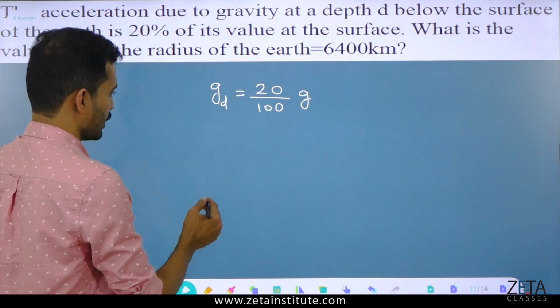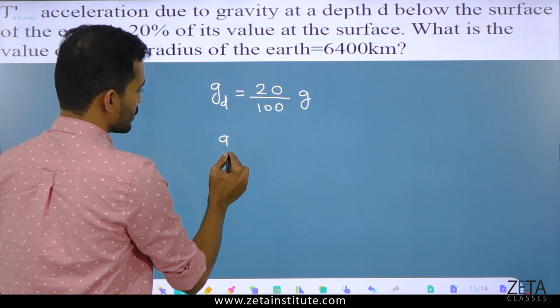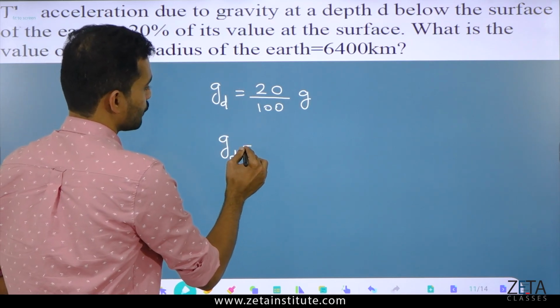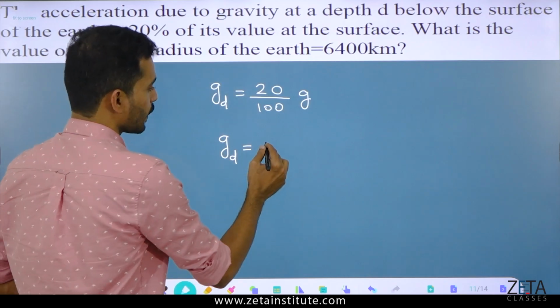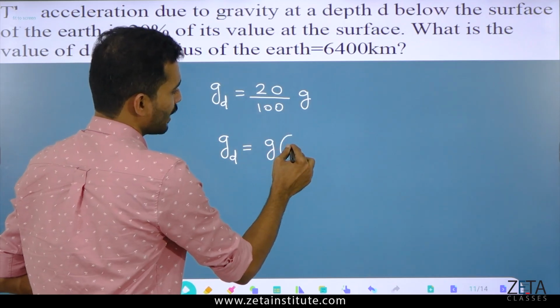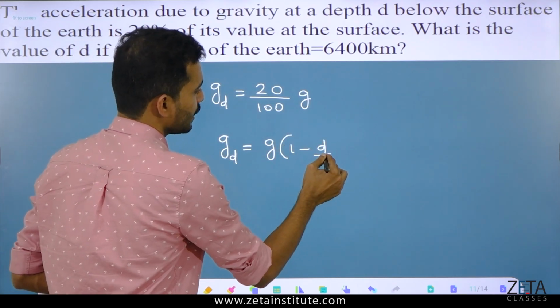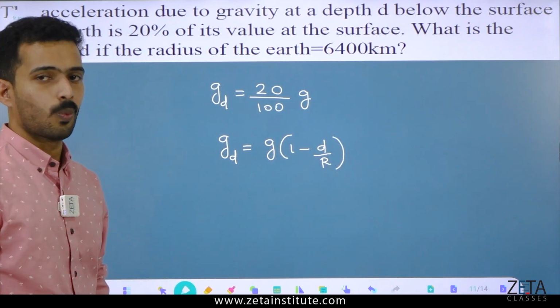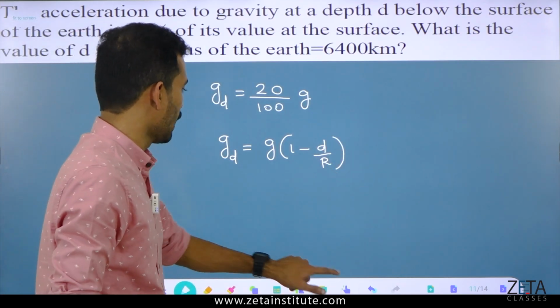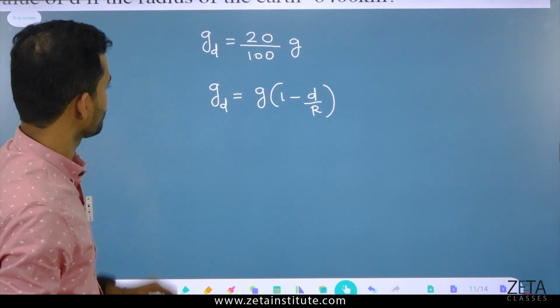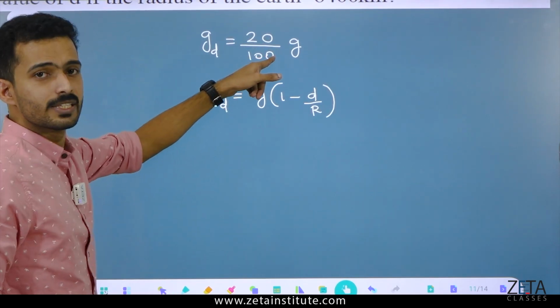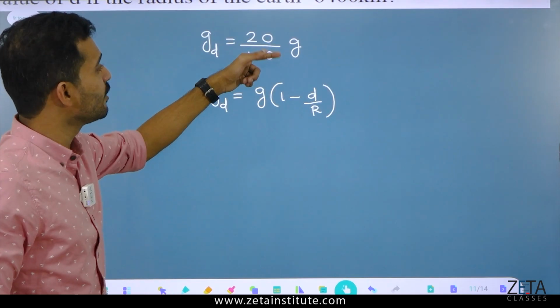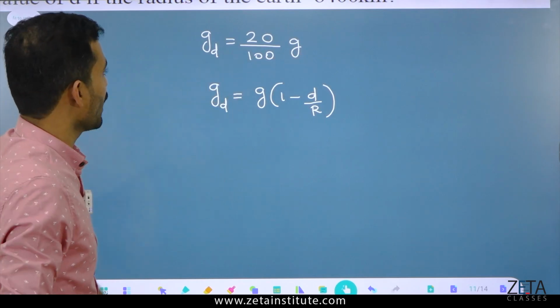So which is the equation to find acceleration due to gravity at a depth d? That is gd equal to g into 1 minus d by R. Then what is the value of gd? Gd is equal to 20% of g at a depth d, that is 20 by 100 into g.